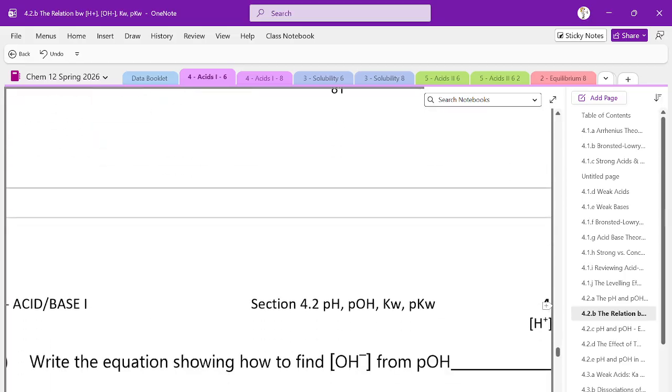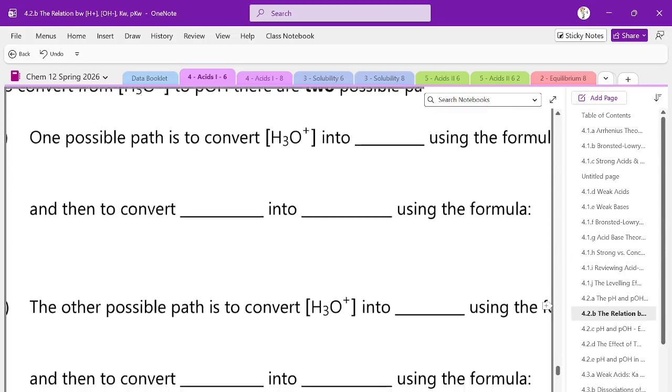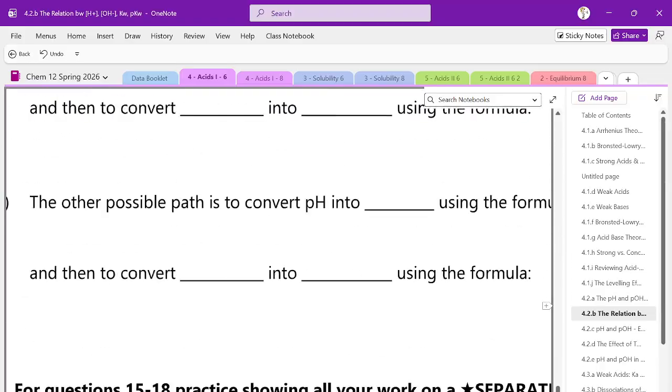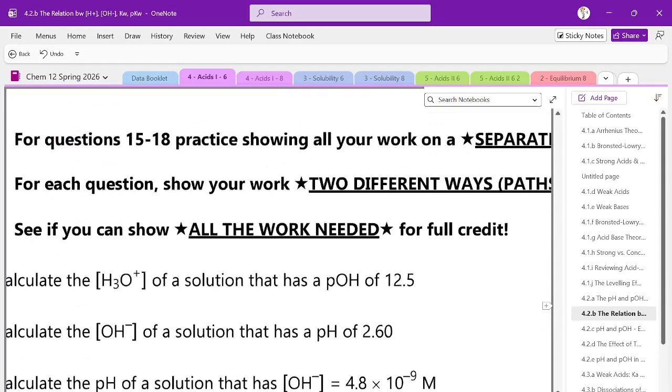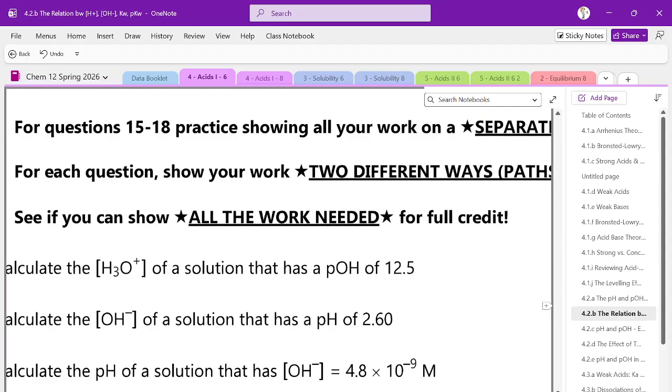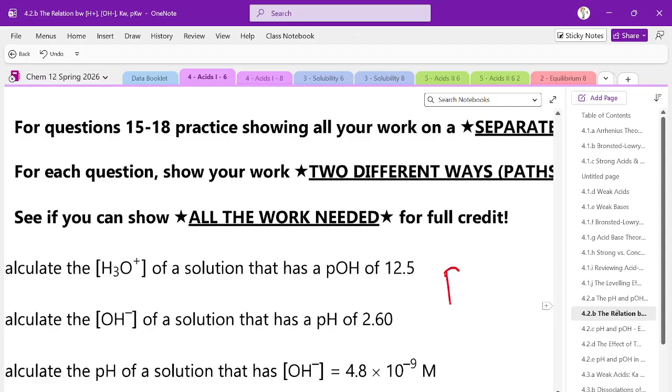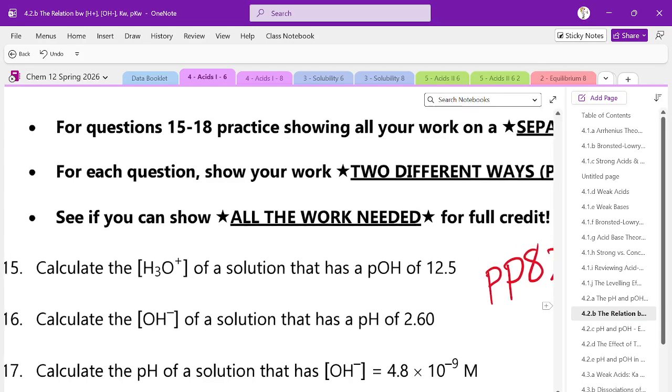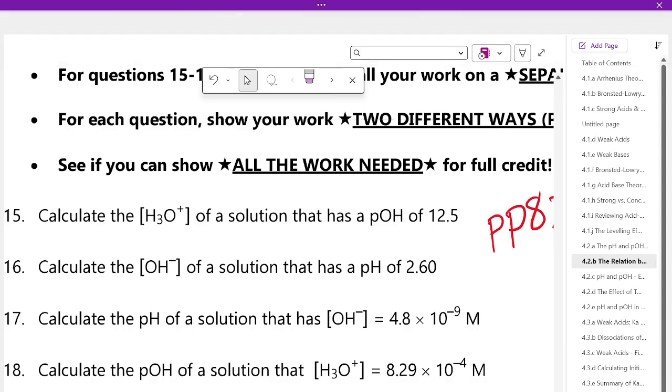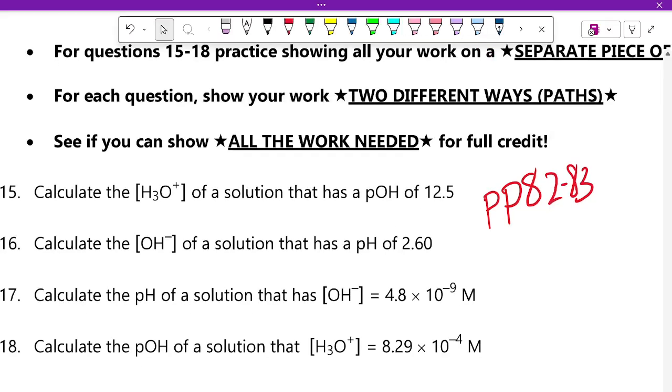Today you're going to do pages 82 and 83. And you'll be so sick of pH and pOH and all that stuff by the time you're done this. You'll be like, oh my gosh, make it end. But lots of practice is good.